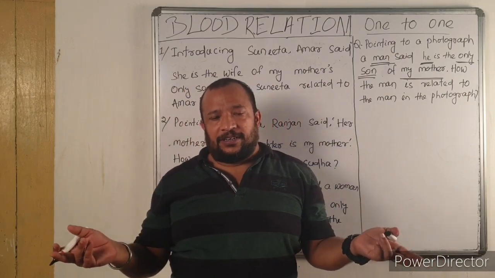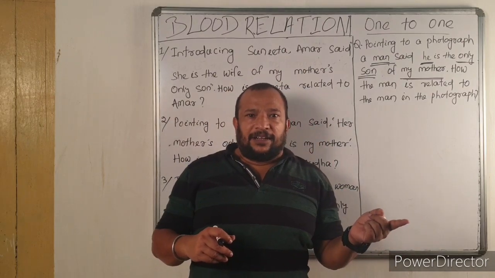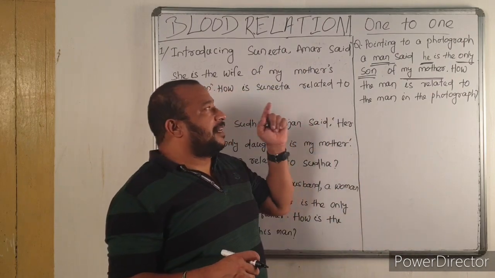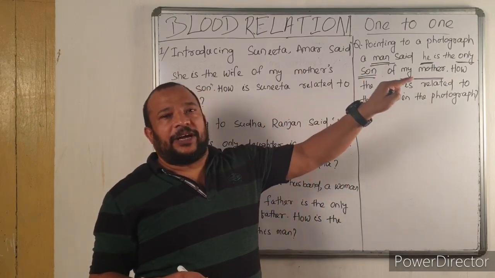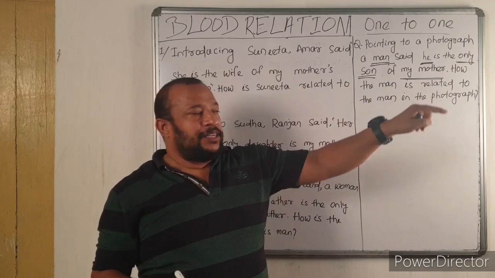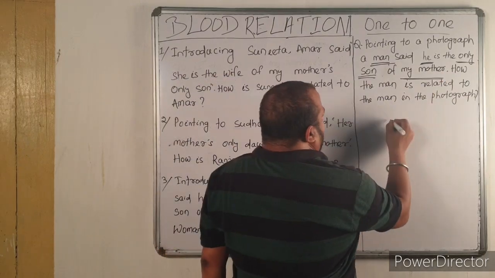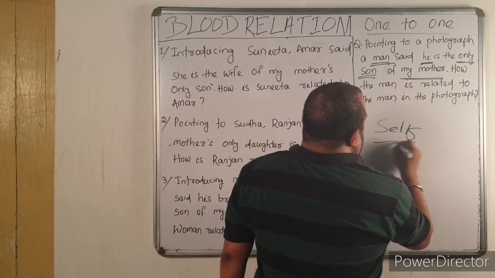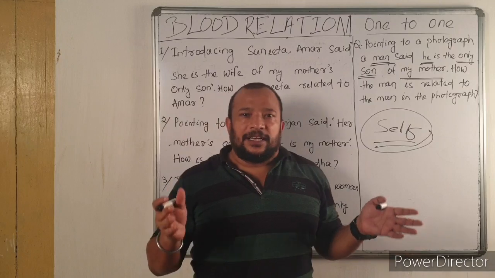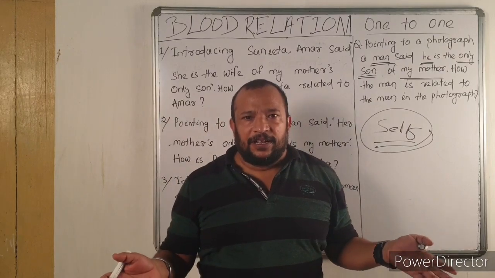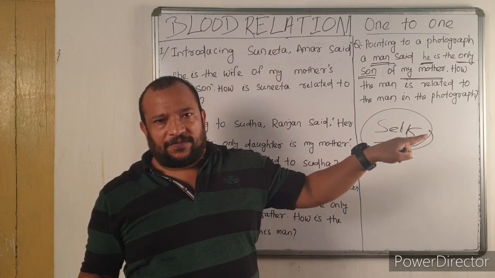That means the mother has only one son, and the man himself is pointing to his photograph. So how is the man related to the man in the photograph? Self. The answer is self. He is pointing to his own photograph.